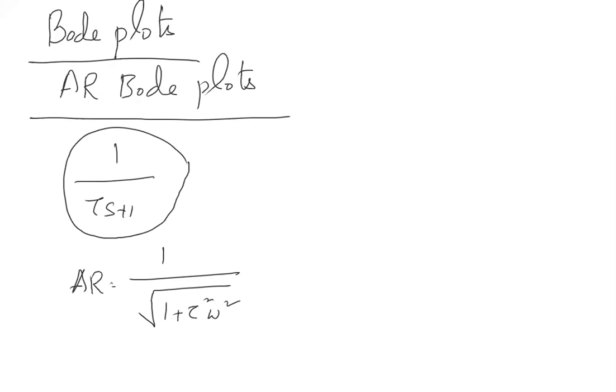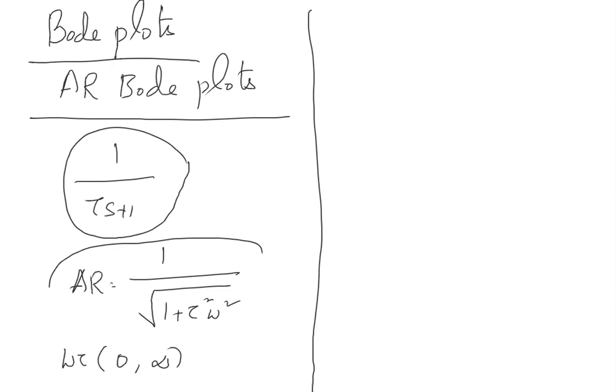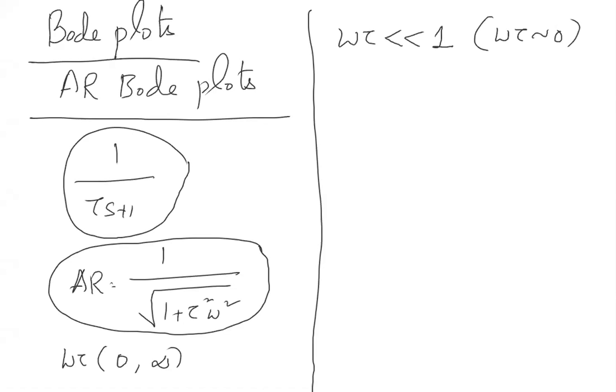So what are the limits of omega tau? Minimum it can have a value of 0, maximum it can have a value of infinity. So now, from this transfer function, when omega tau is less than 1, omega tau is almost equal to 0, then what happens?